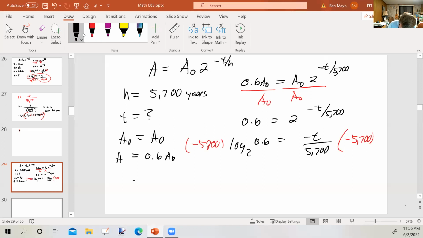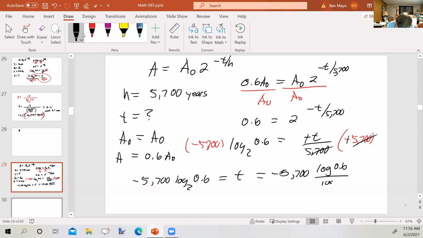What that gives me is negative 5,700 log base 2 of 0.6 equals t. Using the change of base, that's negative 5,700 log of 0.6 over log of 2.